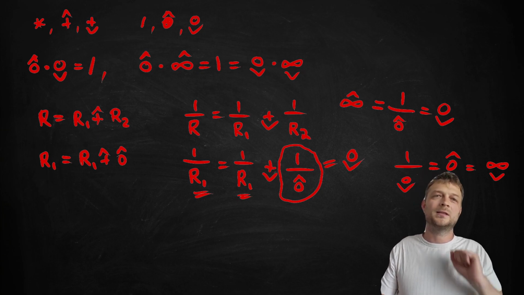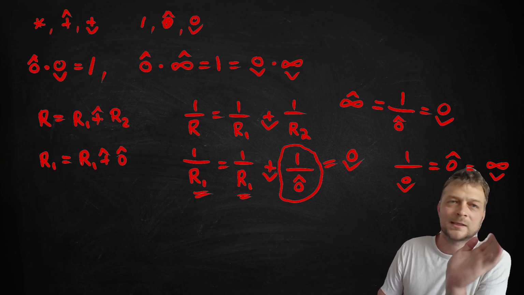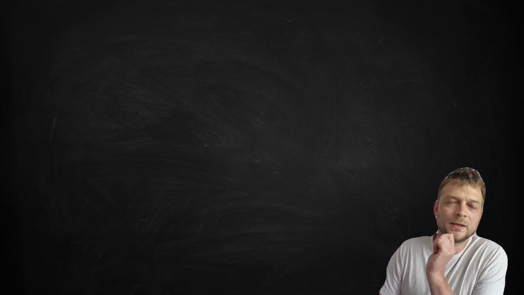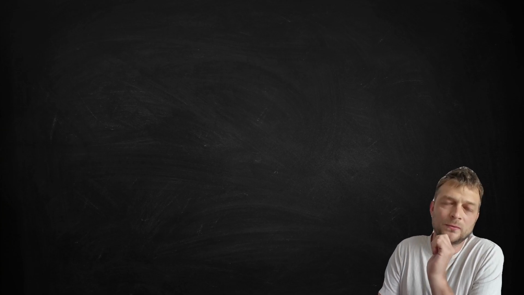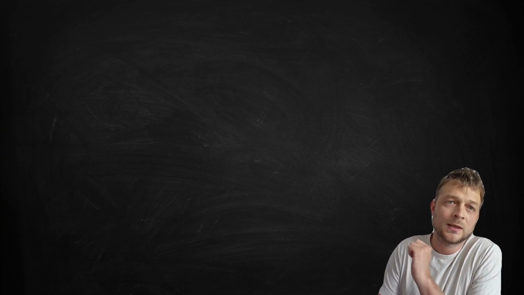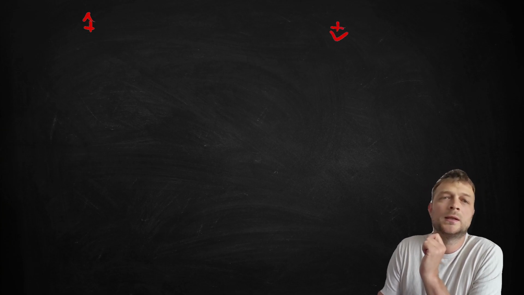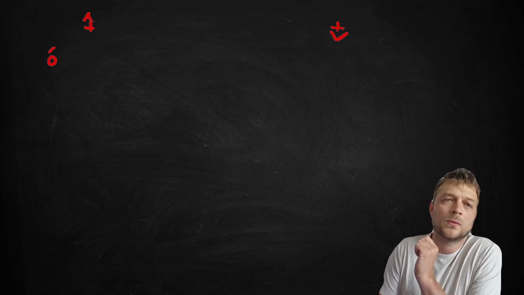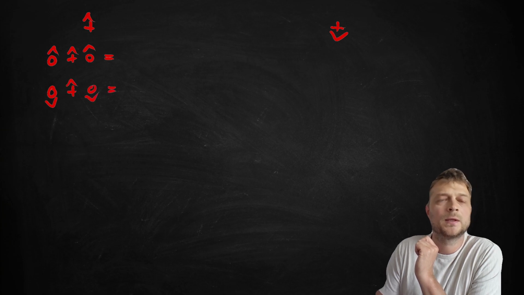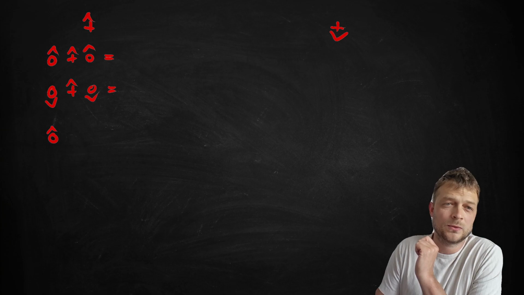Let's now look at how we sum these zeros. So we have a number of situations. Let's have sum here, and on the right side we have dual sum. So we want to know what is 0 plus 0, and we want to know what is dual 0 plus dual 0. And at the end we want to have a mixed addition.